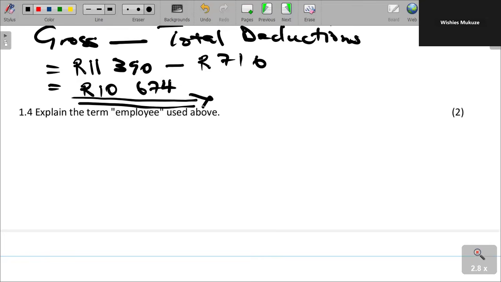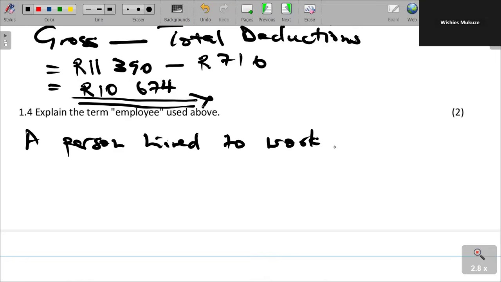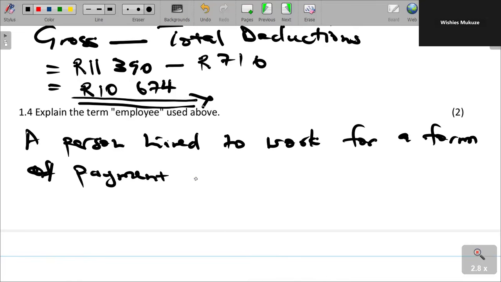And then explain the term employee. An employee is a person who is hired to work for a form of payment, which can be a wage or a salary.